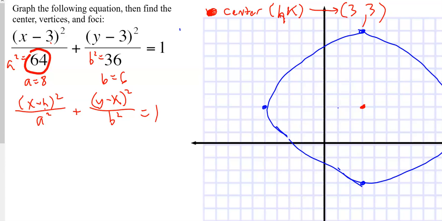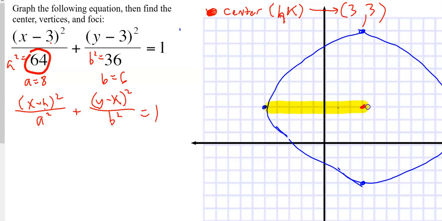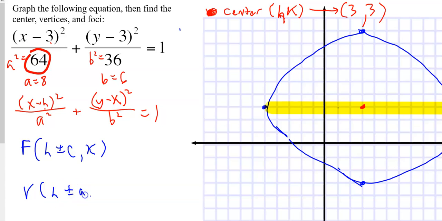Okay, the formulas you need for this. By the way, I always like to at least think in my mind, what's the major axis? This is definitely horizontal. The a value, 8, is bigger than 6 there. So you might think about what the focus point formulas are going to be. The focus point formulas would be h plus or minus c comma k. We can use that in a second. And then the vertex point formulas, if you need them, would be h plus or minus a comma k.